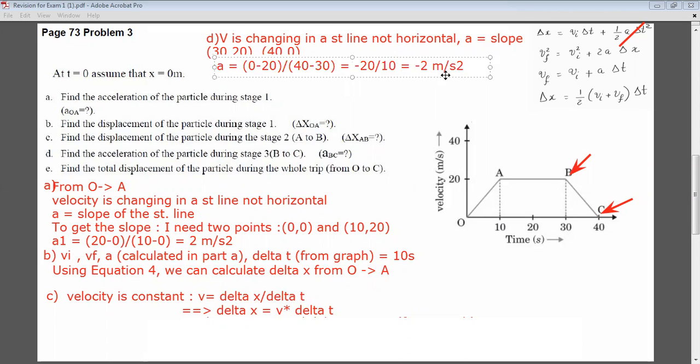Am I expecting the minus? Yes, because the speed is decreasing. Is there another way to do the A without doing this slope thing?